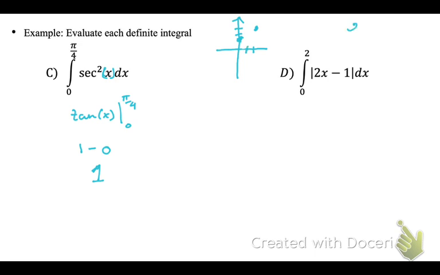Because if I set this equal to 0, at 1/2, so this is where I use my break, and I go from 0 to 1/2.